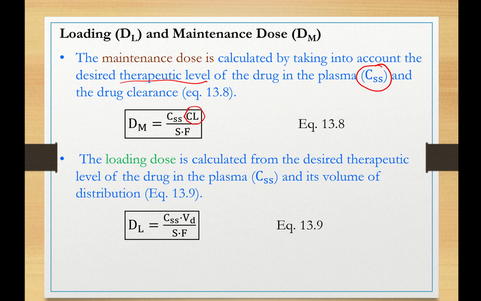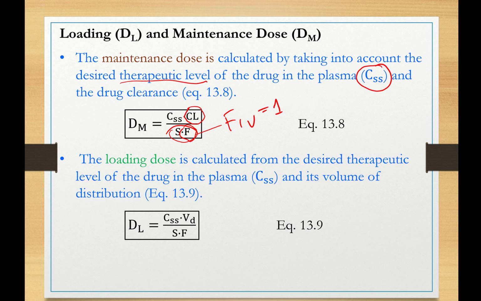The denominator includes the salt factor S in case your drug is given as a salt, and of course the bioavailability factor F in case your drug is given by an extravascular route of administration. If you give it as IV, the F is 1.